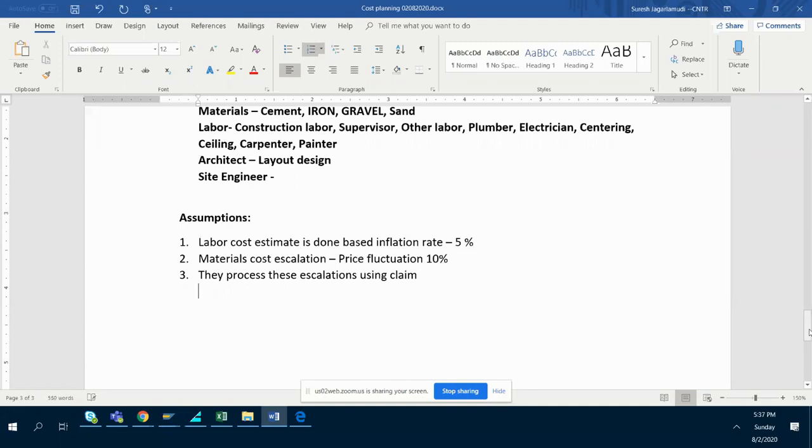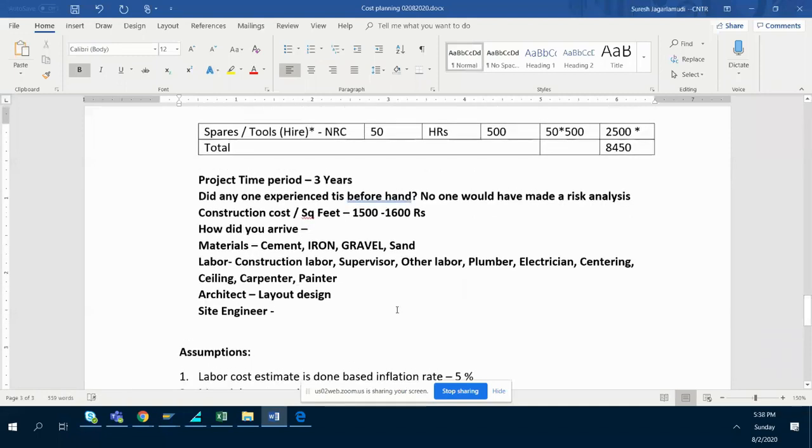They can't bear that cost. All these conditions are already there. They write the assumptions: this is the assumption we are going with, and if anything changes above that, we are not going to bear that cost.